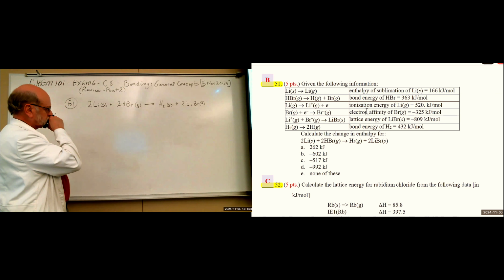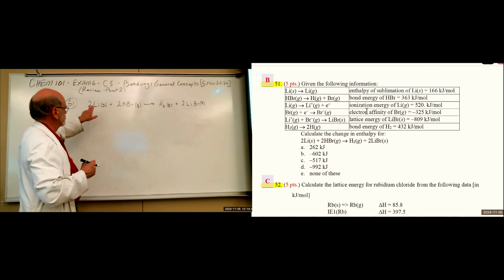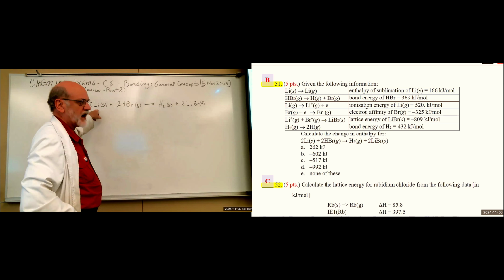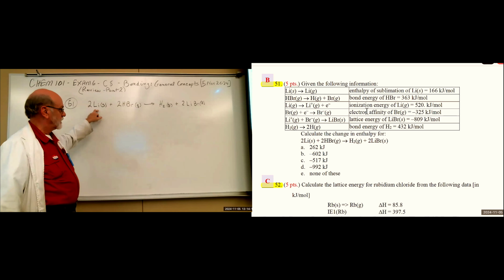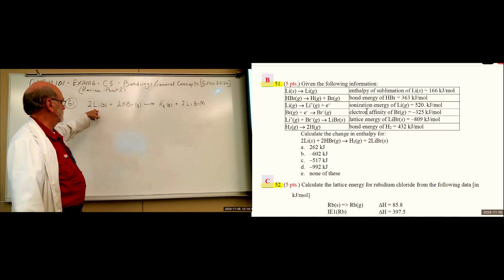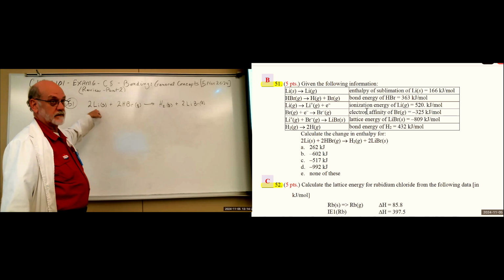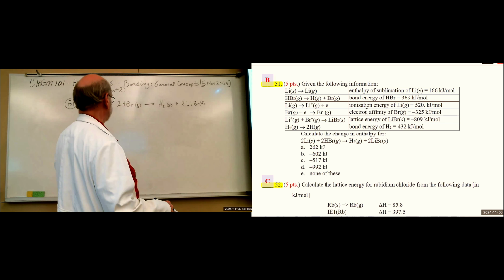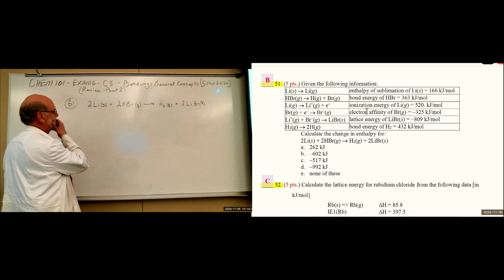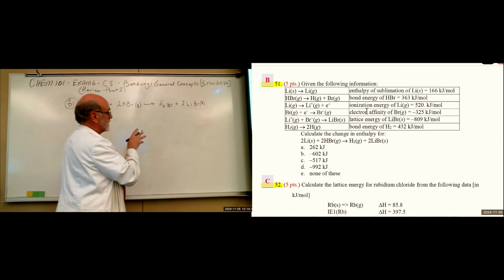All right. So, if we start at the top, there's lithium solid, and that is the standard form of lithium. So we're not going to have an equation that gives us this one; we're going to have one that uses that one. We need to turn this into a gas first.